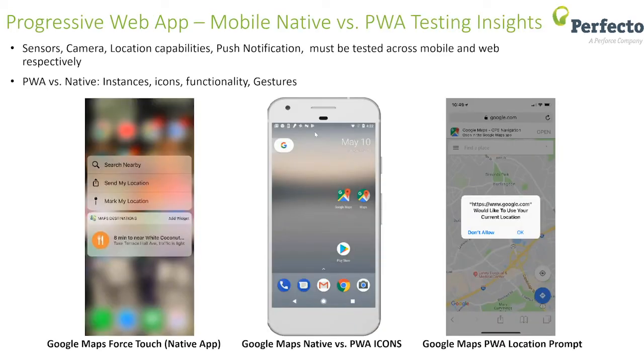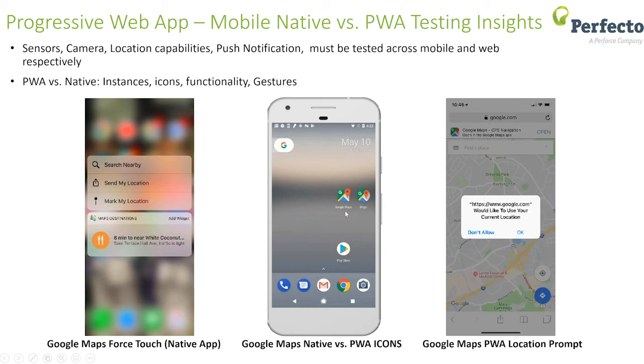In addition to the previously listed recommendations, you need to be familiar with the fact that once you are installing, let's take as an example Google Maps. Google Maps is also a PWA application. So on most Android devices, and most iOS devices, you'll have the native Maps application.